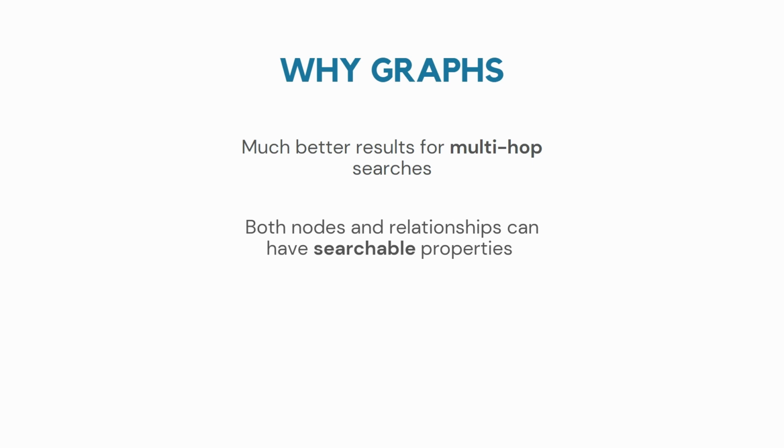Secondly, what also makes graph databases great is that both nodes but also relationships can have properties that are all searchable. So for example, we might have a person who's related to a project, who's working on a project, but also in that person to project relationship, we can have additional information such as the dates on which the person is working in the project.